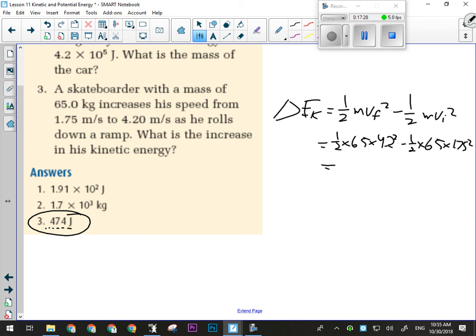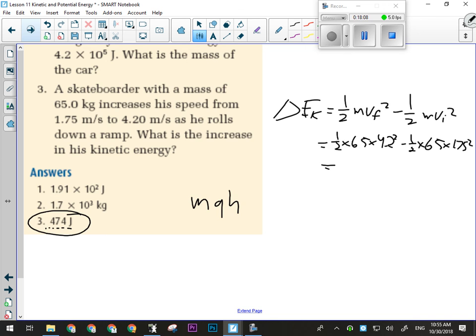If we assume top of the ramp to bottom of the ramp, he has no energy at the bottom and 474 at the top. It's not exactly true because he was moving at the top of the ramp, so we'd have to go a little further, but we could figure out how far down the ramp he went during that time, since the change in kinetic is also the change in potential. So we can calculate his change in height by solving for h. We just add one more step.